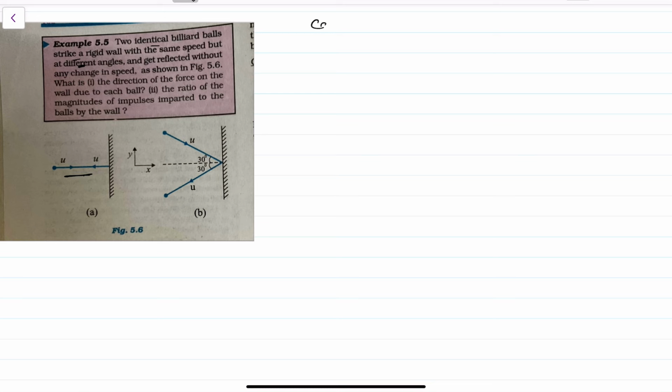In the first case, I am writing case 1. In case 1, the mass of the ball is m, and it is moving with an initial speed of u in this case. Let us consider this is the positive x-axis. So the initial momentum for this case, P1, is equal to mass into its velocity. Whenever it strikes the surface of the wall, it will rebound with the same speed as the initial speed.